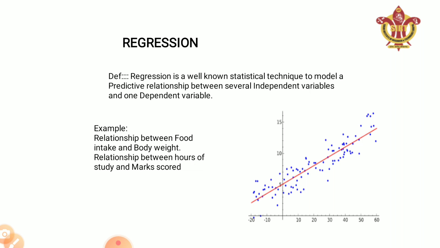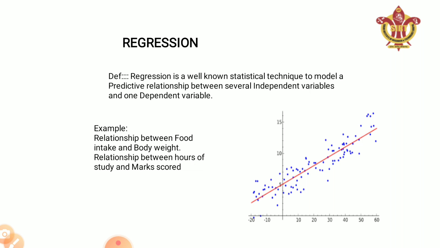If you are not appearing in any one or two subjects, your percentage will automatically decrease. So your percentage is dependent on all five subjects. Your percentage will be the dependent variable and all five subjects will be independent variables, because they are not connected with each other, they are not dependent on each other.